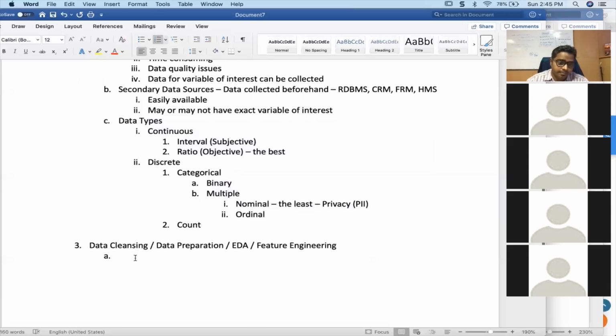Yep, exactly. So data cleansing and preparation. The first things first. If you have outliers, what do? Outlier analysis or treatment. Outlier treatment.